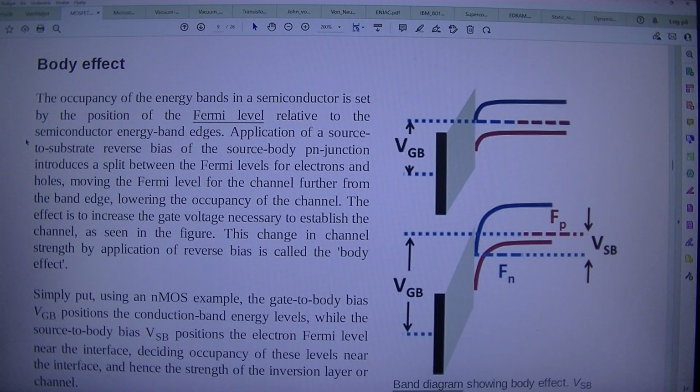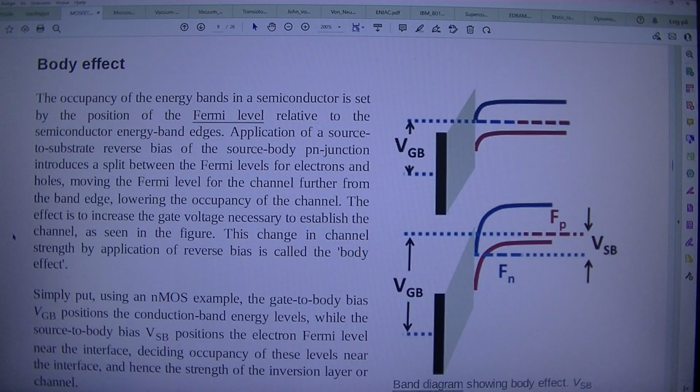Application of a source-to-substrate reverse bias of the source-body p-n junction introduces a split between the Fermi levels for electrons and holes, moving the Fermi level for the channel further from the band edge, lowering the occupancy of the channel. The effect is to increase the gate voltage necessary to establish the channel, as seen in the figure. This change in channel strength by application of reverse bias is called the body effect.